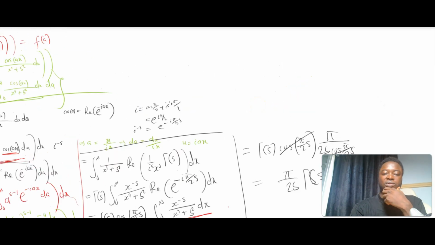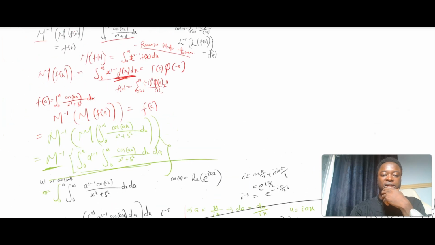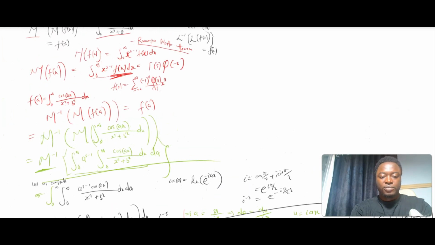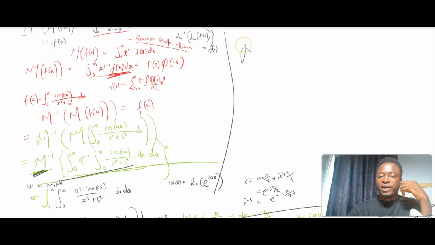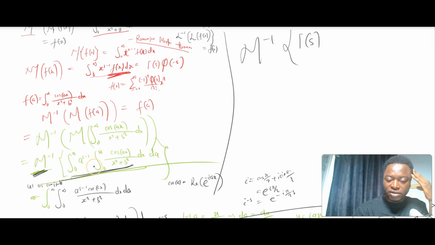So if we go back to our task here, we are going to find the inverse Mellin transform of all of these. The next thing is to find the inverse Mellin transform of this whole thing, which equals gamma of s, because I told you that it's going to be in terms of s.